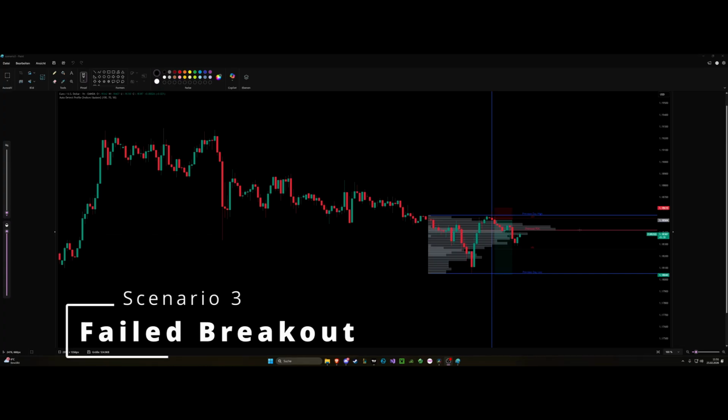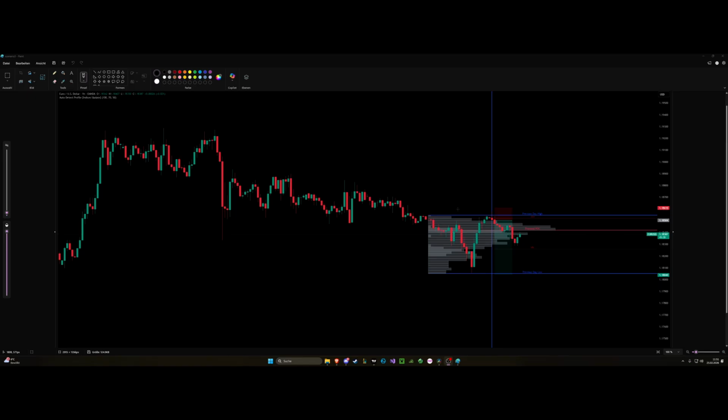So for the third scenario, it's basically a failed breakout scenario. We open outside value, but we do not get any actual acceptance outside value. That usually, or basically always, means that the breakout is weak. So if we can't do something new in the place where we're at right now, what else is left?